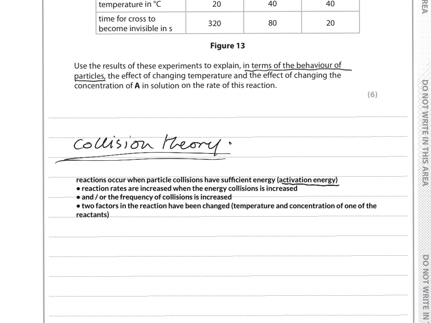So frequency of collisions or greater energy of collisions. The two factors in the reaction that have changed were temperature and concentration. And then we're going to go on to look at those two in detail once we know that reactions happen because particles collide with enough energy.